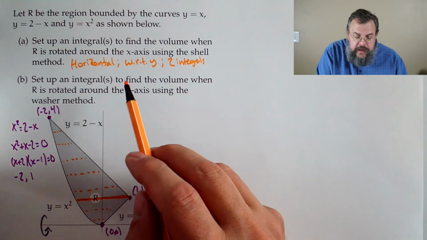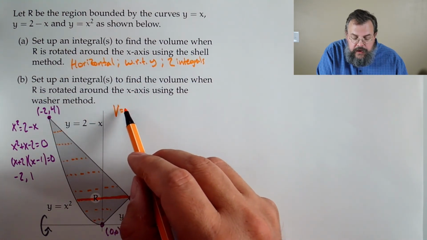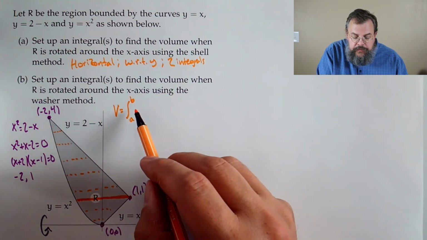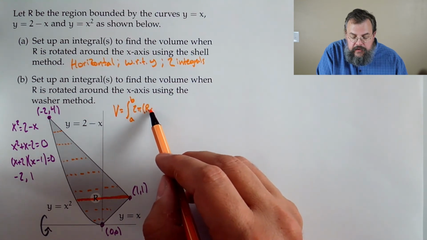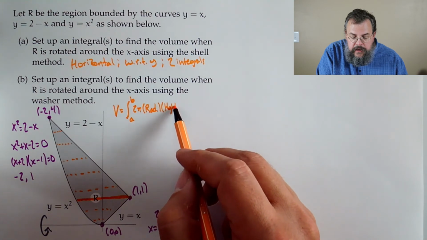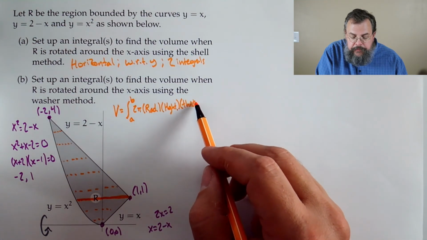Now, for part A, it's the shell method. So how does the shell method work? We'll do a quick reminder. We're adding up start to finish. We have 2 pi, our radius, our height, and our thickness.